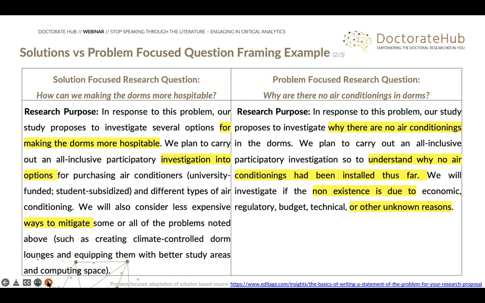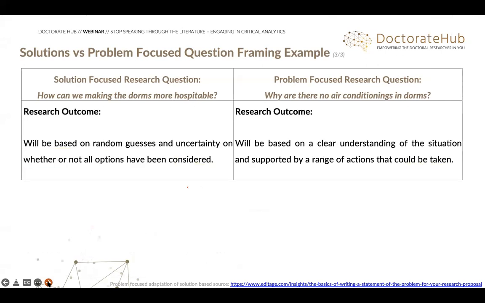So everything that could be done to resolve. Contrary to that, if we look at the problem end, we would ask, why are there no air conditionings? So we would want to understand, why haven't they been installed thus far? Why haven't they been purchased? What are the reasons that have prevented it from happening? And consequently, the research outcome also is very different.